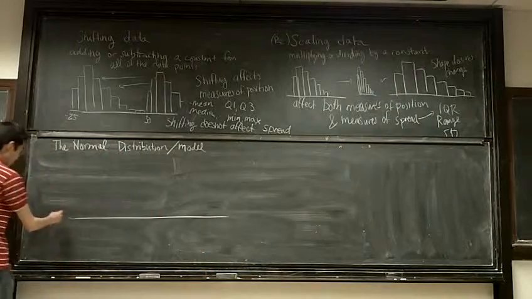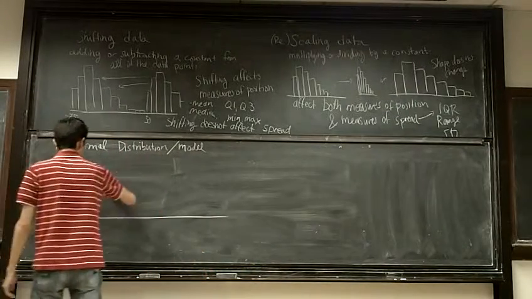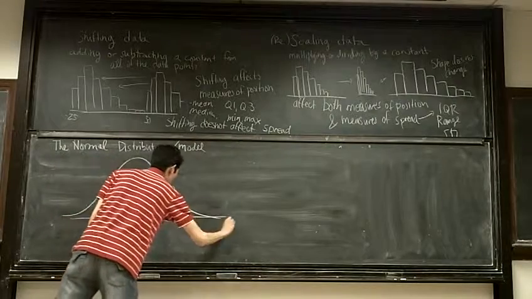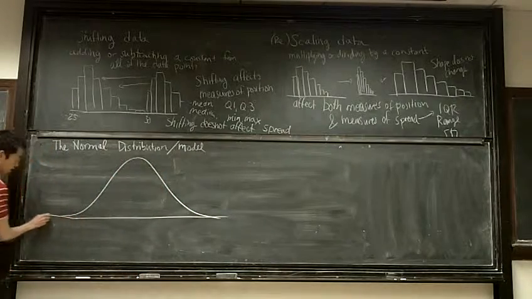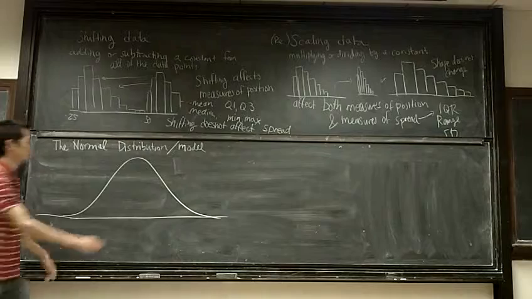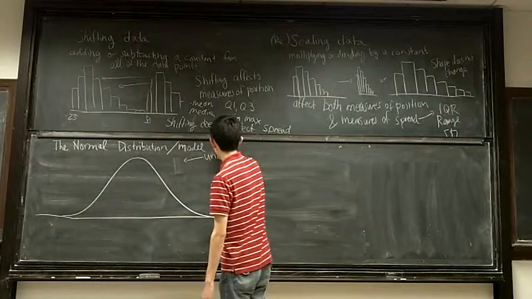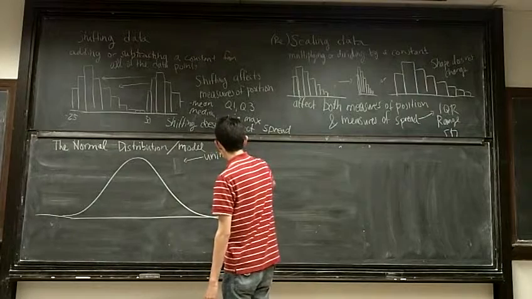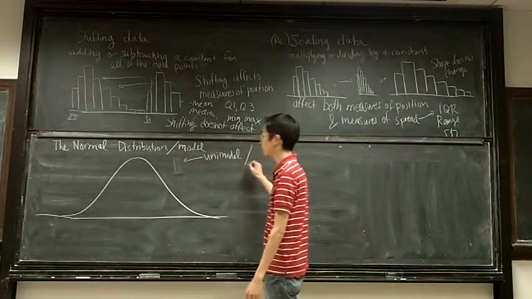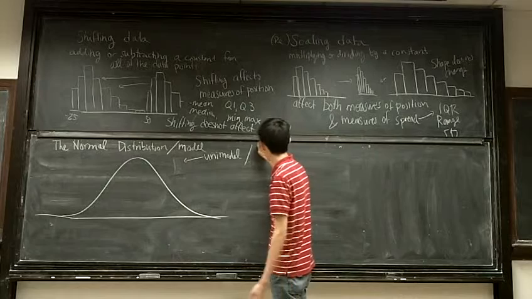Okay, so the normal model will always have this shape. It's unimodal and symmetric, perfectly symmetric.